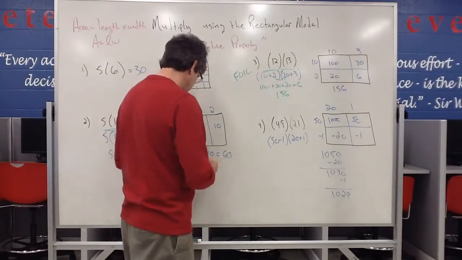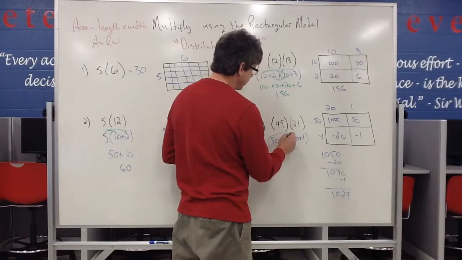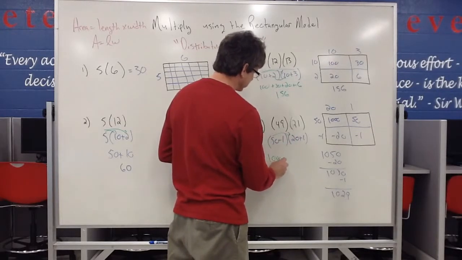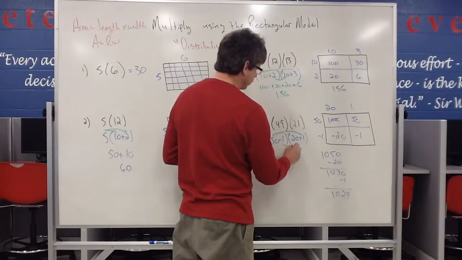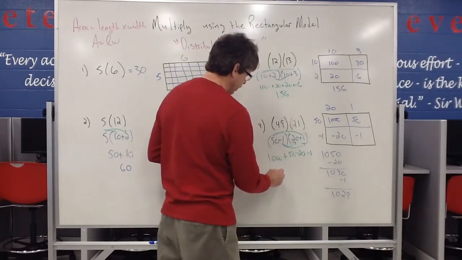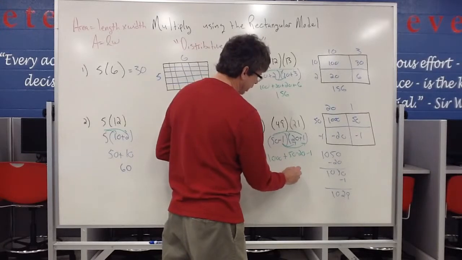Or if you used your FOIL method, distributive property, 50 times 20 is 1,000, 50 times 1 is 50, negative 1 times 20 is negative 20, and negative 1 times 1 is negative 1. So you'd have 1,050, 1,030, 1,029.